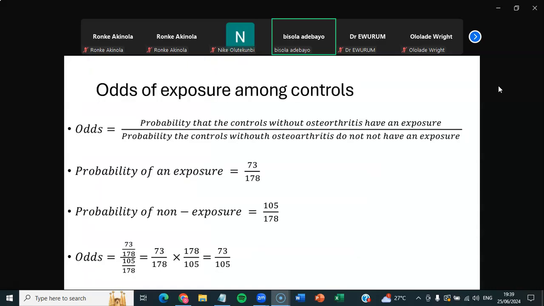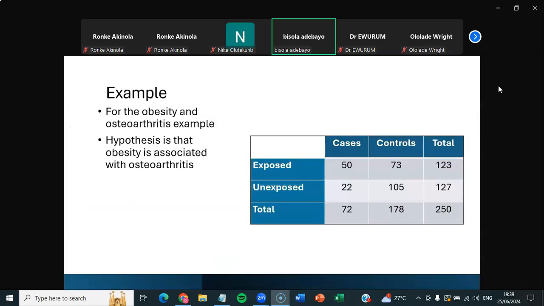We do the same thing for the controls. Let me refer back to the table. We have exposed 73, unexposed 105, and total 178. So the probability of the controls being obese is 73 over 178. The probability of the controls not being obese is 105 over 178.